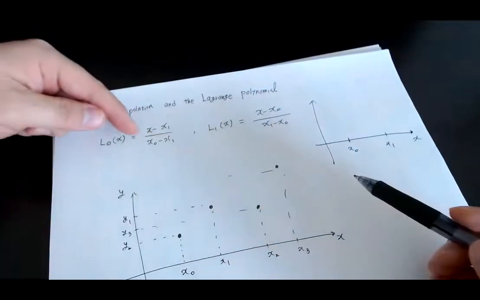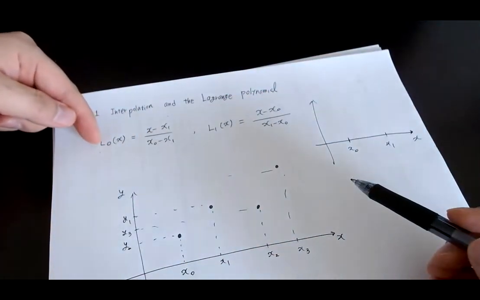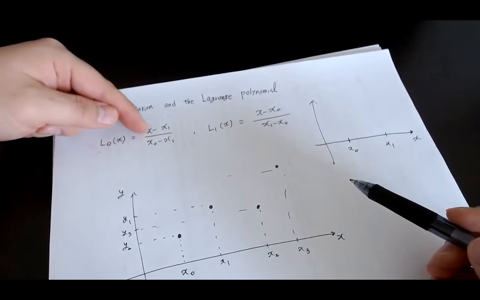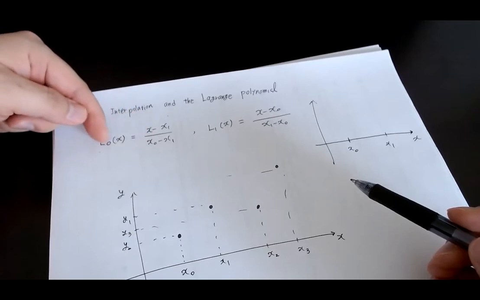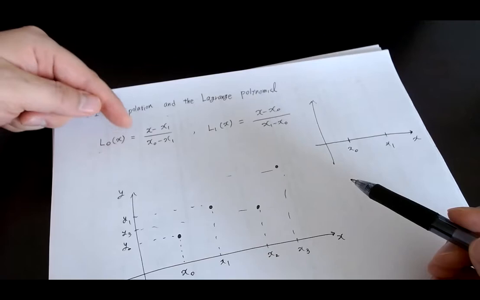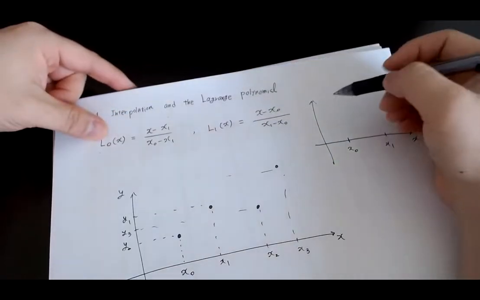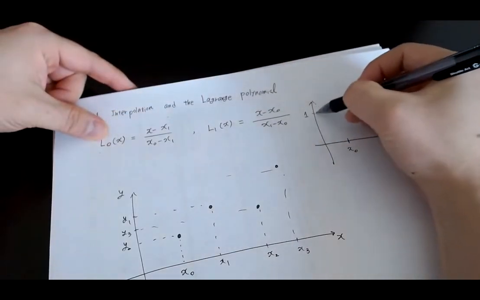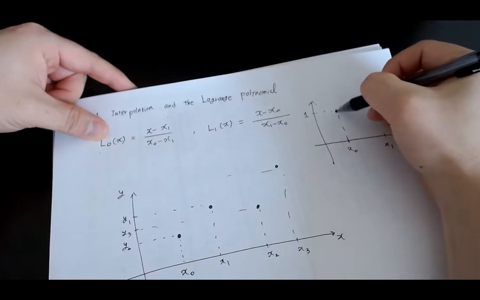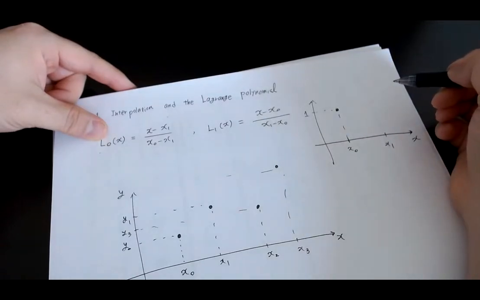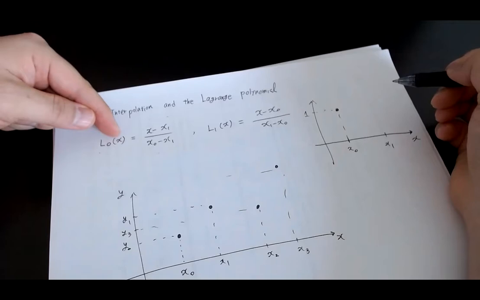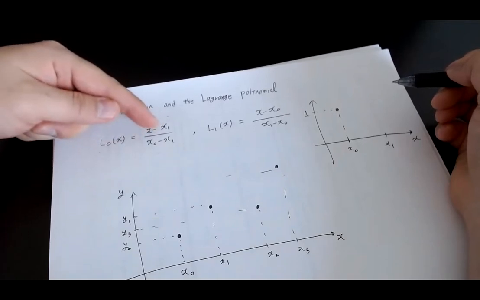Think about this. In the function L naught of x, if x is equal to x naught, then L naught of x is going to be 1, right? So here's a 1 right here. What if x equals x1? Then x1 minus x1 is 0.